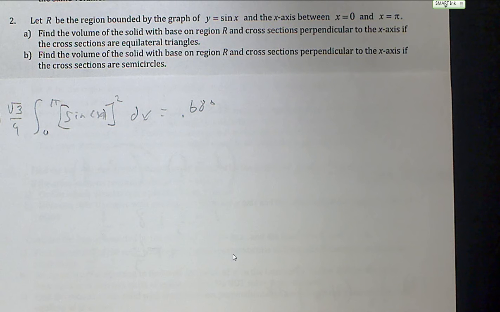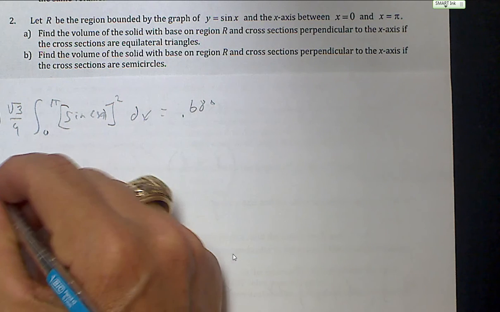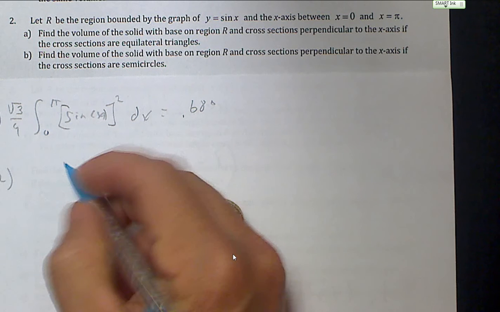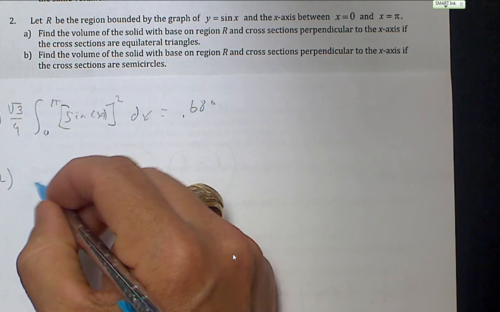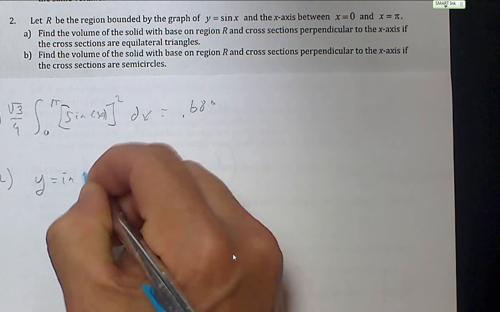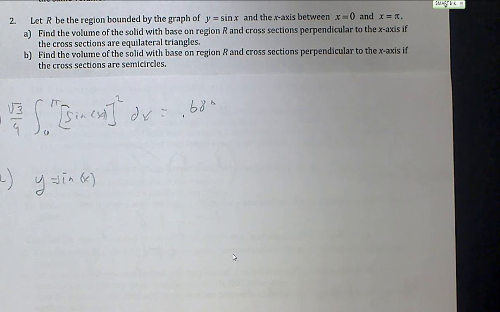Okay, so that's perpendicular to x. Now if we're going to do perpendicular to y, step 1, I'm going to call this part A.2 here. Step 1, we're going to solve the equation. Y equals sine of x.